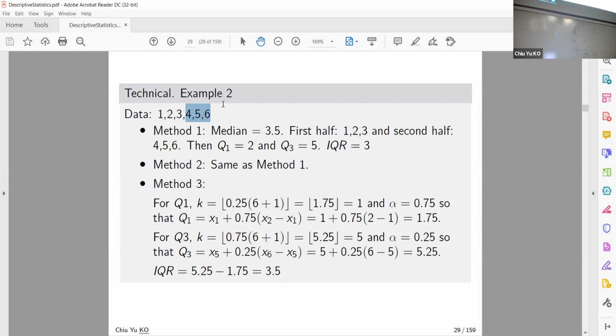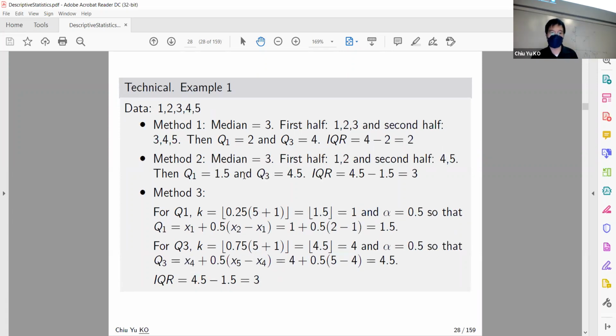So when someone tells you the IQR, you have to know what they're talking about. Now I tell you the third one, which is supposed to be more or less a default one. You will see in Excel spreadsheets or R, sometimes they use something similar.